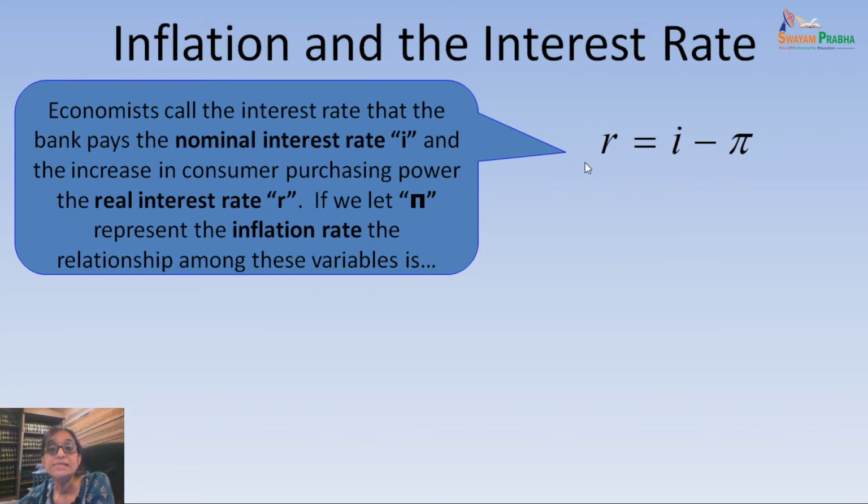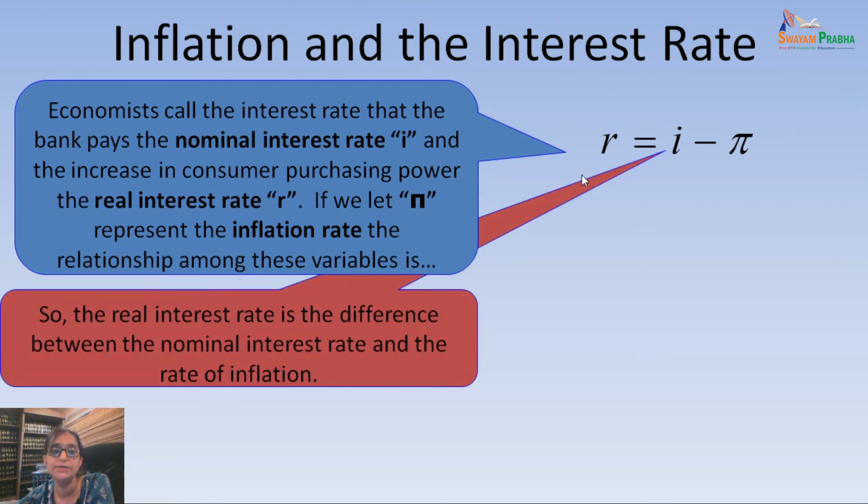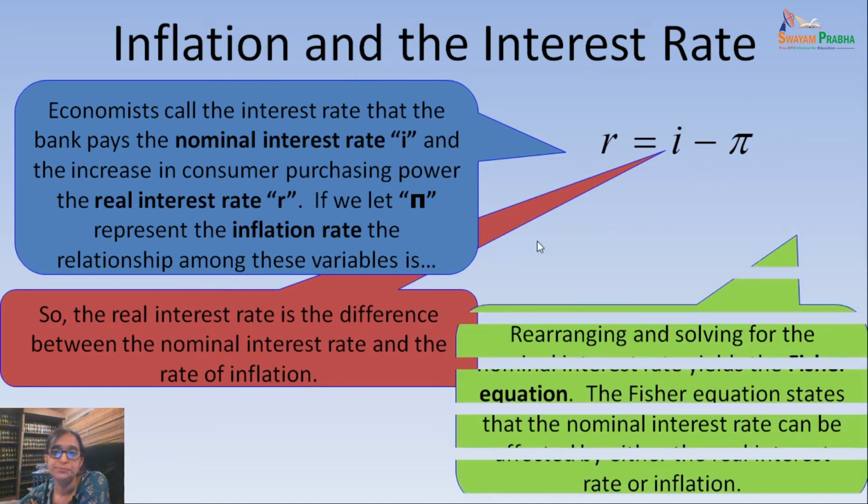So this means that the inflation rate is having an impact on your real rate of interest, because real rate of interest is measuring your purchasing power. So the real interest rate is the difference between nominal interest rate, represented by small i here, and the rate of inflation.